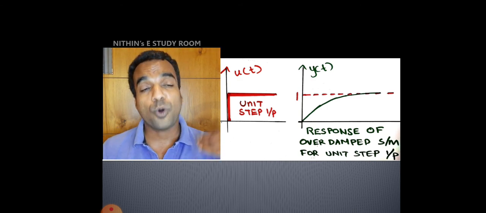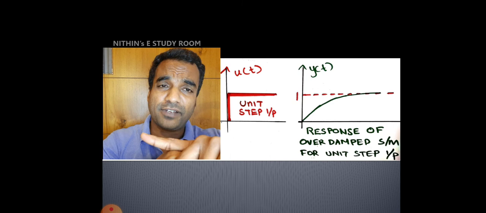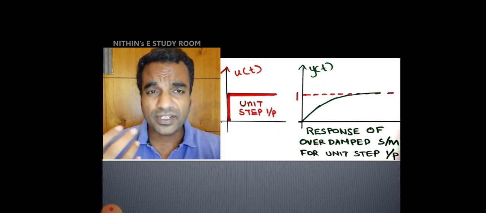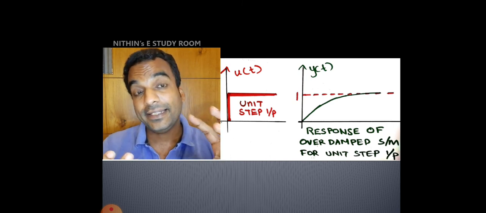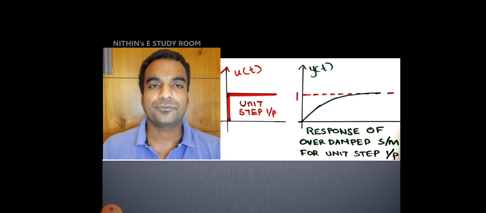But if you are doing overdamping, some high mass is connected for damping the spring, what happens? The needle will have to oppose highly for moving towards the final value. I think it's clear.